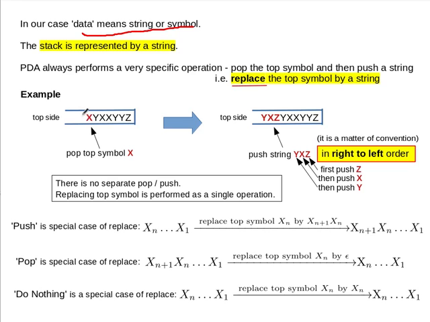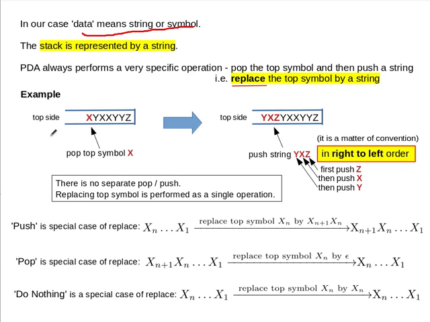So what are the operations on the stack? You can either push data from this open top end, or you can retrieve data from this side. For example, you can remove this X. Now in our PDA, we consider only a single operation, which is a combination of both a pop and a push.